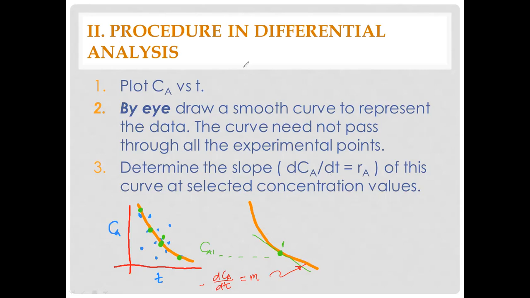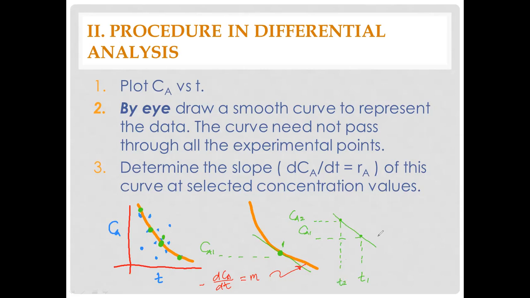How do I get the value of the slope of that line? So I will again draw my line. The line that I've drawn here, I'll place it here. For example, I have already CA, right? I have CA1. I'll get the time for that. So that would be my T1. On this line that I have drawn, that is tangential to 0.1, I'll choose another point. Then that would be, let's say, CA2, whatever that CA2 is. And I'll get the time here.